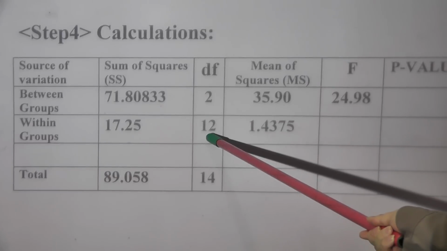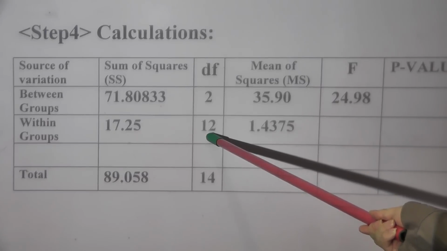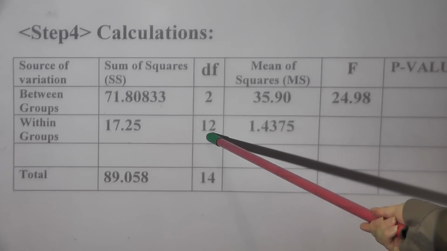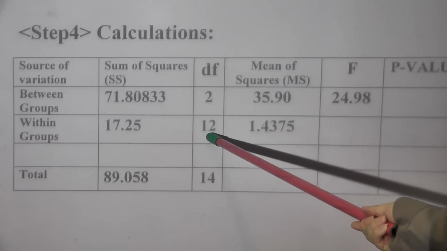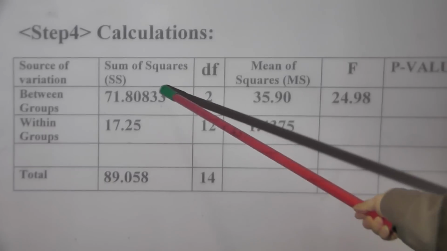And within the group is total population size minus I. Total population size is N, capital N. N is each group, 5 observations, 3 different groups, 3 populations, 5 times 3 is 15. And how many groups? We have 3 groups, so 15 minus 3, which is 12. And look at here.